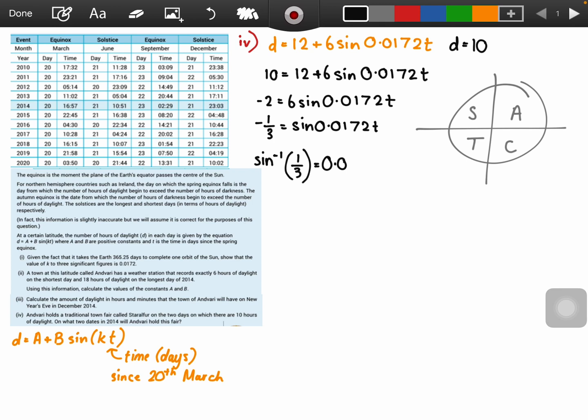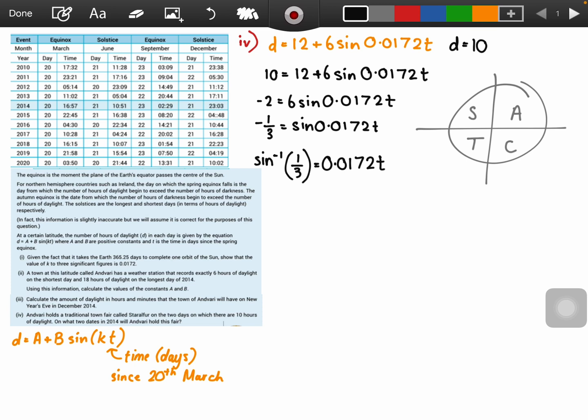Okay, so 0.0172t. So put the inverse sine of a third into your calculator. Again, make sure your calculator is in radians because we used 2 pi earlier on, so we have to use that radians idea.